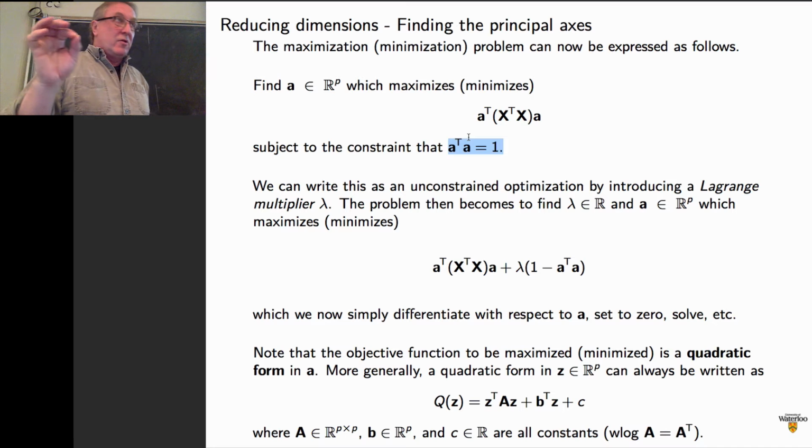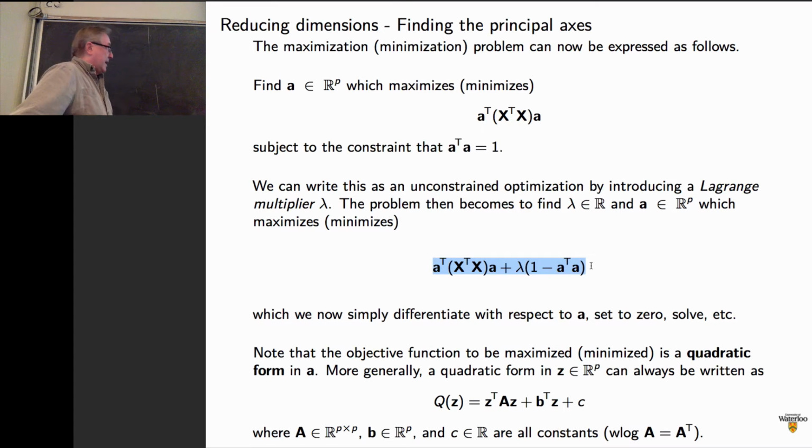We handle that with a Lagrange multiplier. So what I really want to do is minimize that over A and lambda, lambda being the Lagrange multiplier. Because when I differentiate that with respect to lambda and set it equal to 0, this must be 0, which enforces this constraint.